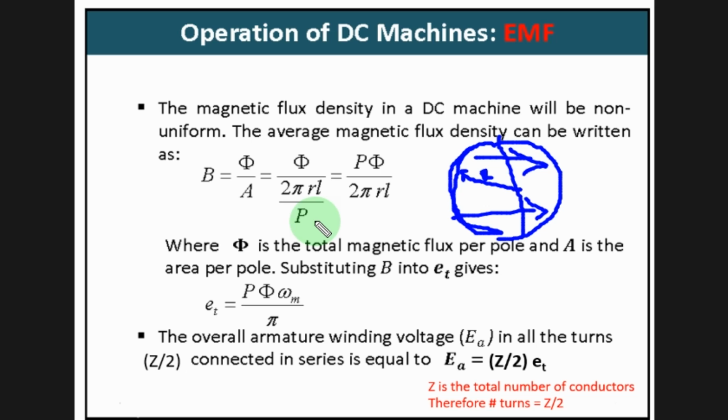P is the number of poles. So then you get B equals P phi over 2 pi r l. L is the length of the conductor.